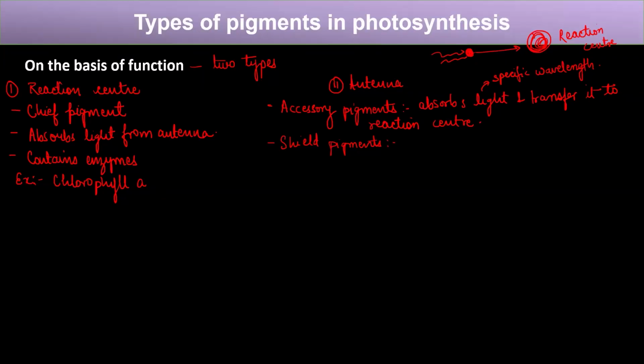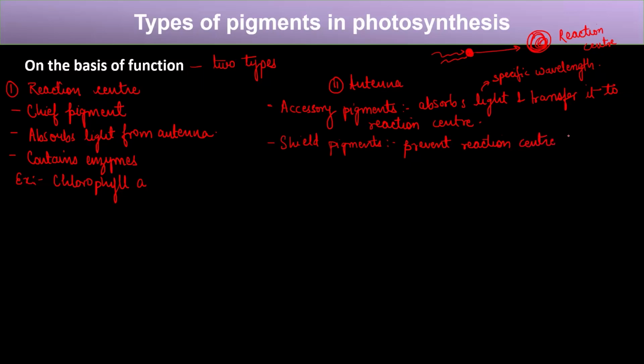Because in the last lecture, we saw that there are certain situations when the light intensity can be very high, and in that case, there is a high chance that it can damage the reaction center if it gets exposed to the light directly. So what do the shield pigments do? These shield pigments prevent the plant, or you can say the reaction center.